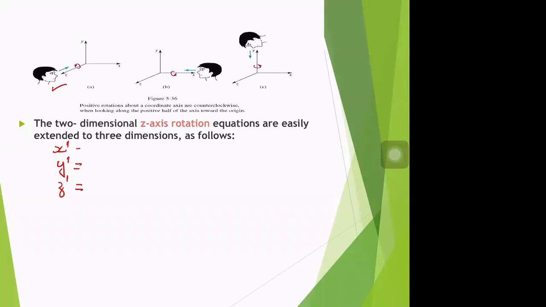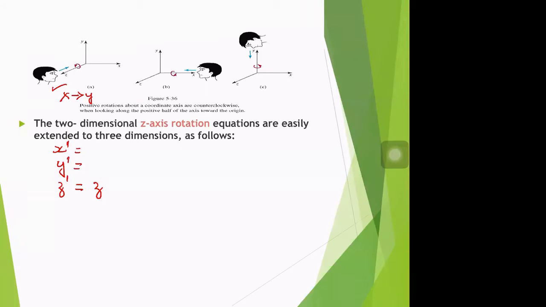When it is z-axis rotation, it is going to which axis first? Rotation x first, followed by y, right? But z remains z itself. My new value of z is z itself. It is a constant value. Whatever z value I had remains as it is. z dash will remain z.